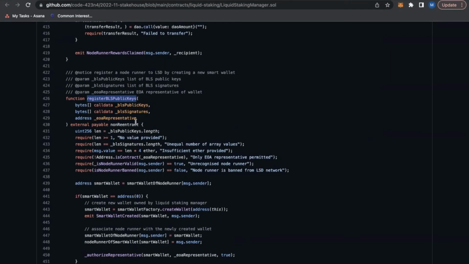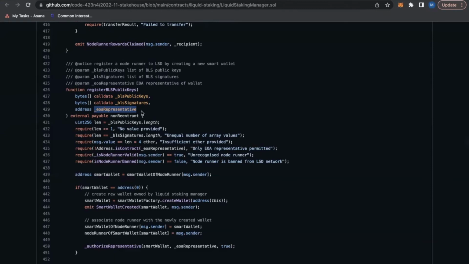You can see this is an array, which means you can provide a list of BLS public keys at once, and the associated BLS signature. You can appoint an Ethereum account as a representative for you, which will do the other tasks needed for a validator from the Stakehouse protocol.